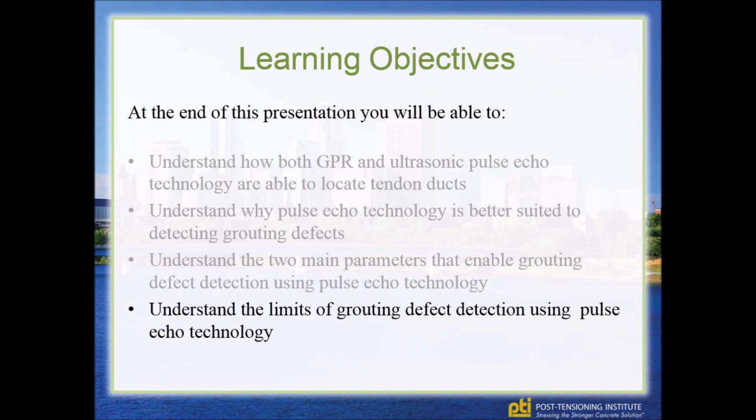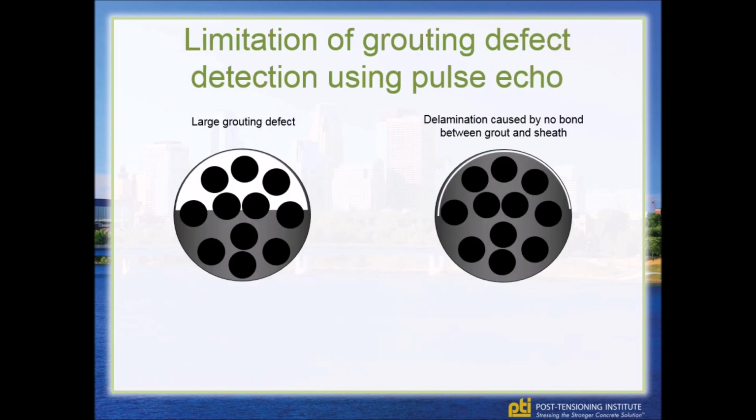There are, however, limits to this method, and this is the main issue here. If we have a large grouting defect on the left, and on the right hand side we have just a delamination because the grout is not correctly connected to the sheath, we get a thin metal layer.